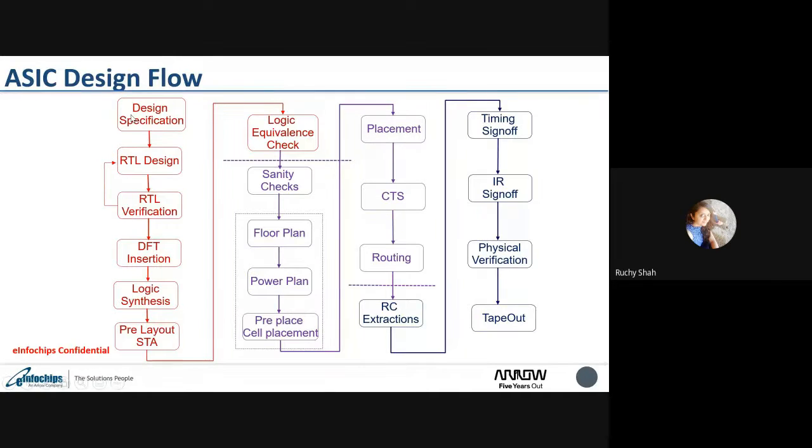Then, based on that design specification, RTL will be written, meaning the functionality will be written in terms of RTL code. Next, we verify whether that RTL code is working correctly and properly. So RTL verification is followed by DFT insertion.